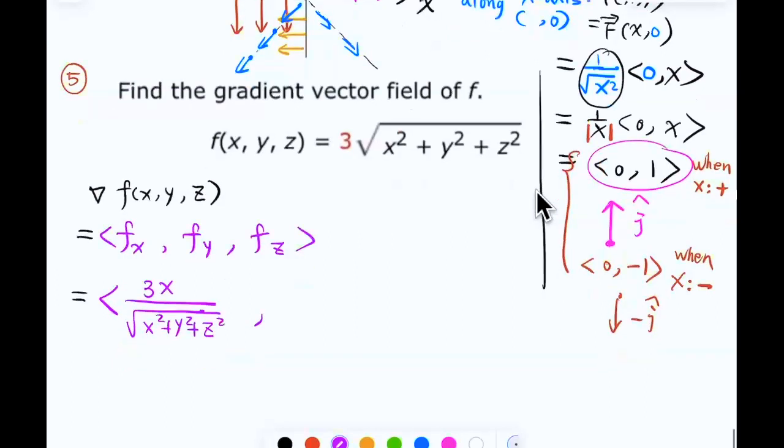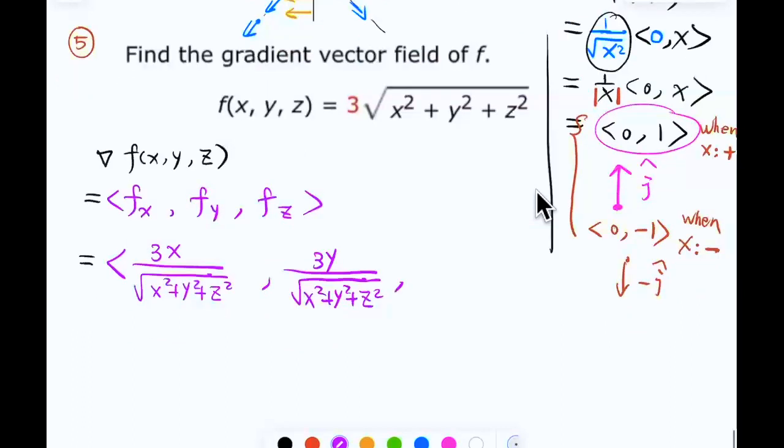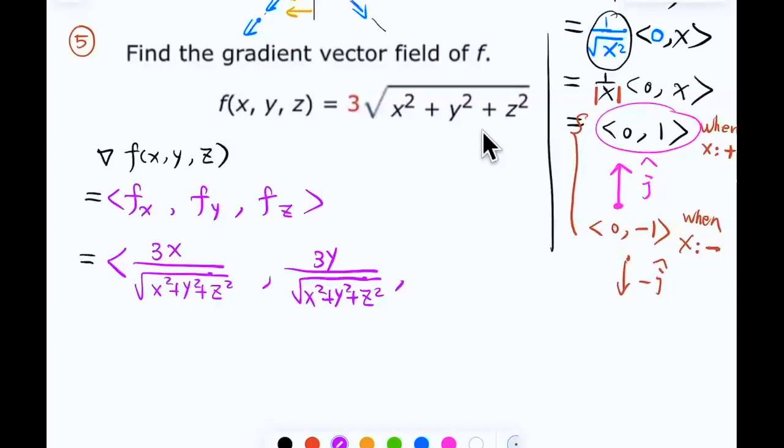Similarly, what will be the partial derivative with respect to y? Okay, good. And then the partial derivative with respect to z? Yes, you got it. Good job. So for the gradient vector field here, you just take the partial derivatives with respect to x, y, and z correspondingly in each component. And that's the gradient vector field, right? All right, so that's all for today.